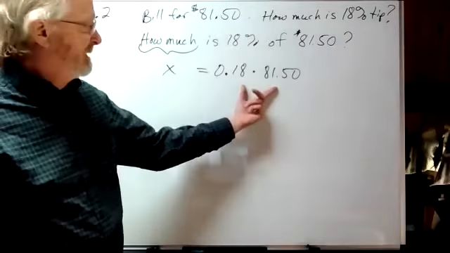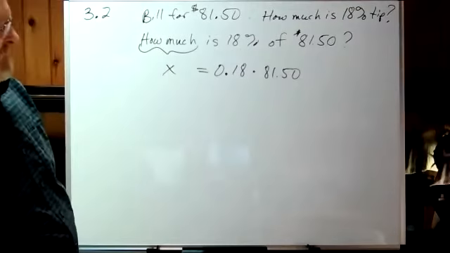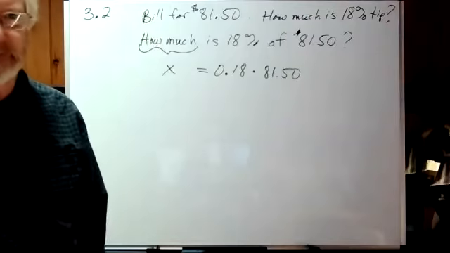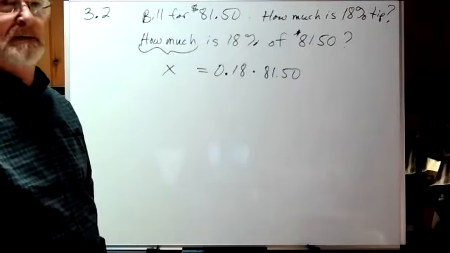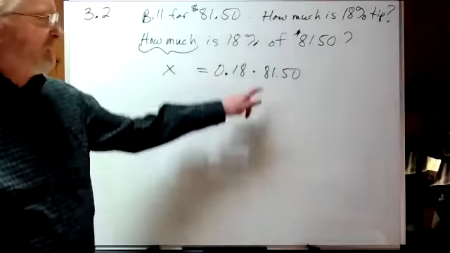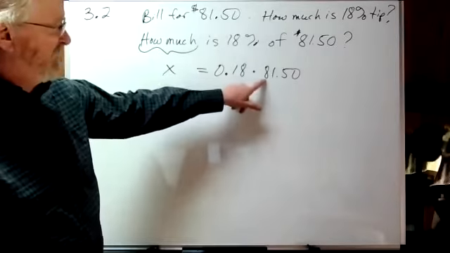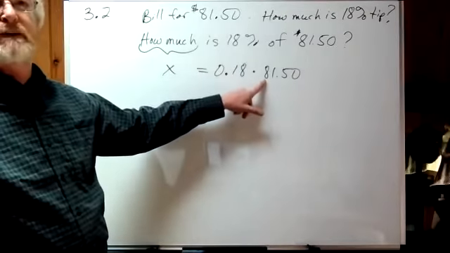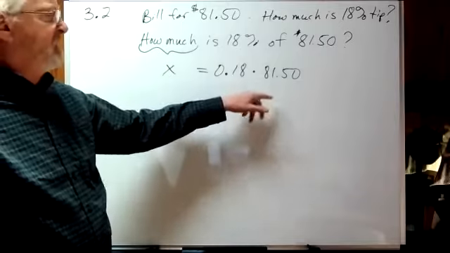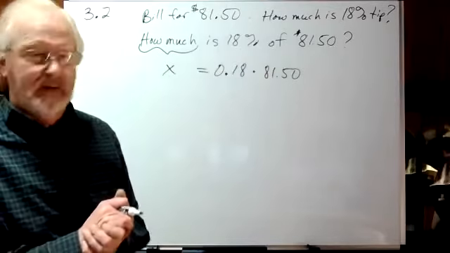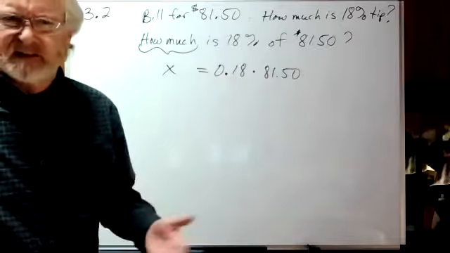My mental math tells me that's going to be about $16. If you do much tipping, I always kind of double this number. That'd be 20%, like 2 times 8 is 16. So 18% ought to be a little less than 16, and I can tell if I'm in the ballpark.